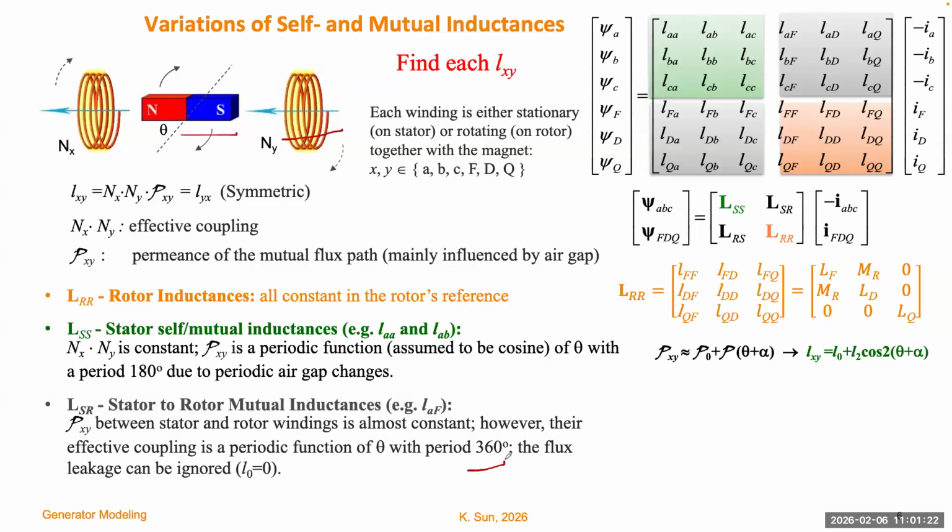Because after the other winding finishes one circle, it will go back to the same inductance value. So we can assume those inductances will be this periodic function. And you see in this animation, when the winding is revolving relative to the magnet and the other winding, the air gap doesn't really change too much.